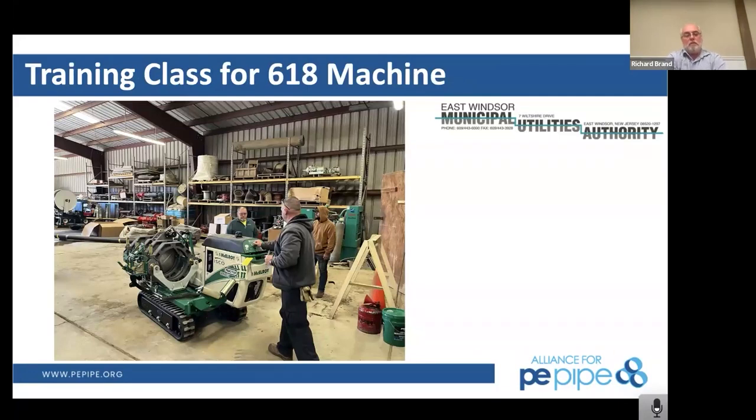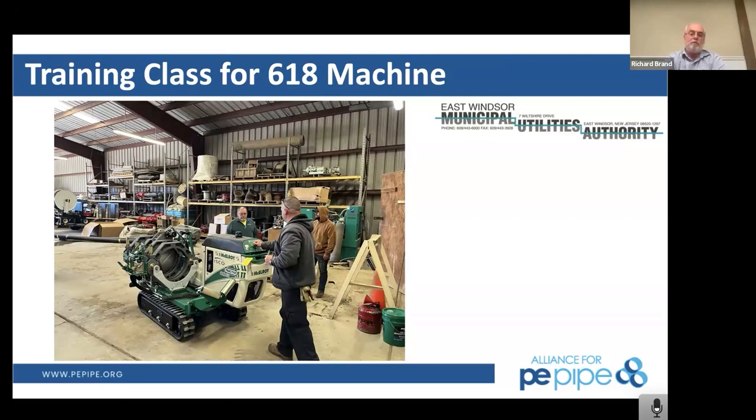Okay, this is one of our barns, our training shop right now. We're in the final stages of the approvals from DEP on building a new administration building, maintenance building, and water treatment facility. In that maintenance building, we are going to have a big training class for our employees.